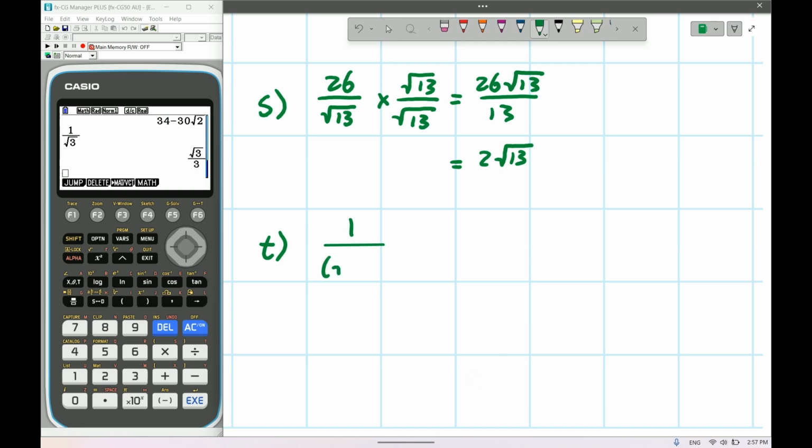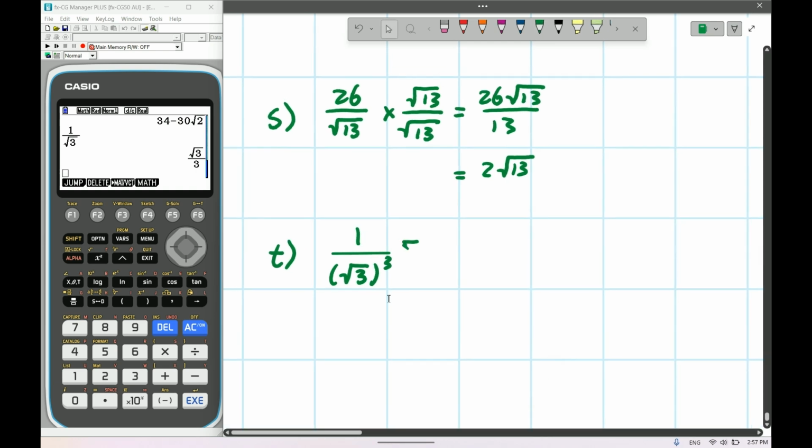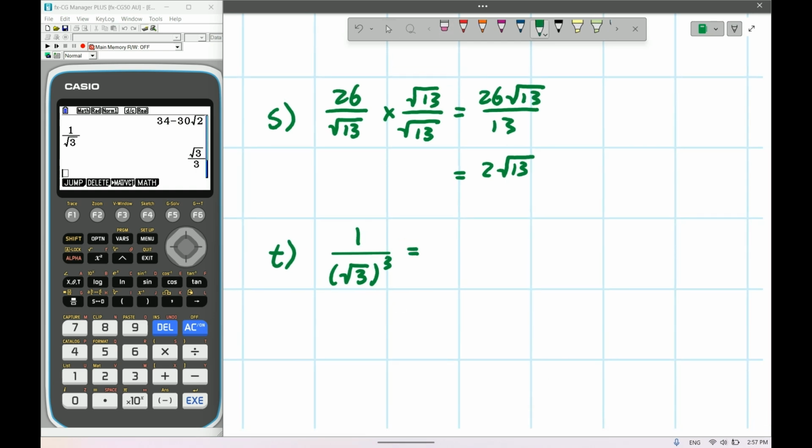Okay, so this one is square root 3 to the power of 3. Now before I start timesing it by the necessary parts, I might first rewrite this in expanded form. So I might just write it out a little bit longer. Square root 3 times square root 3 times square root 3.